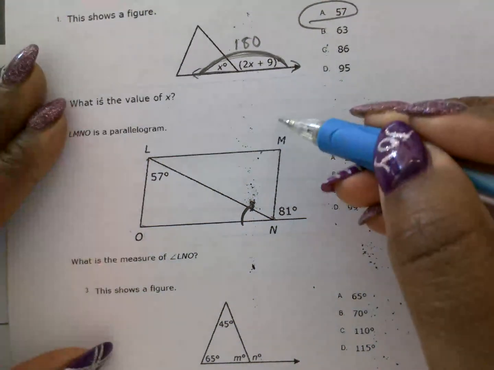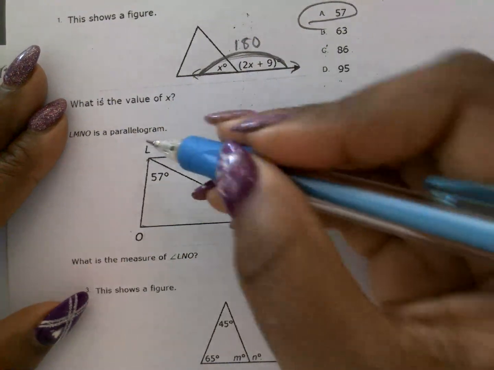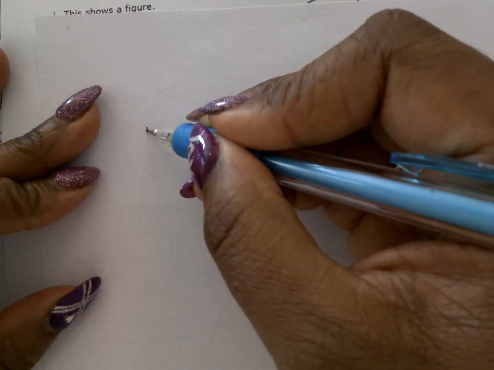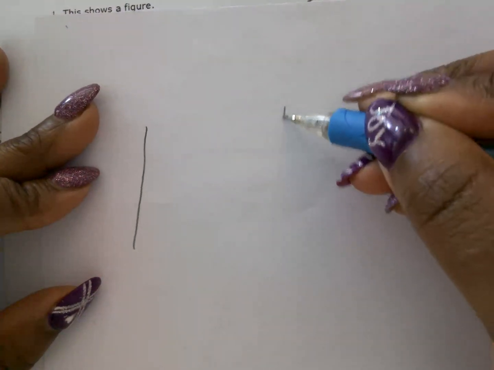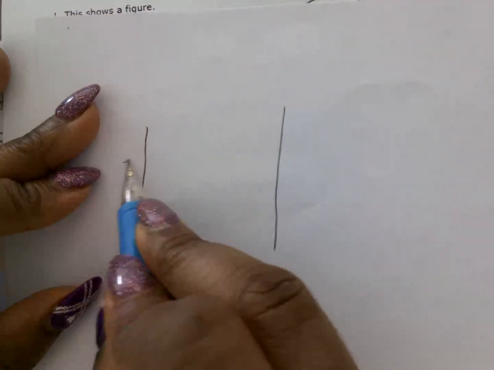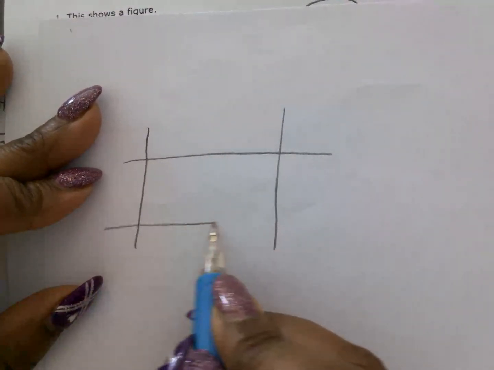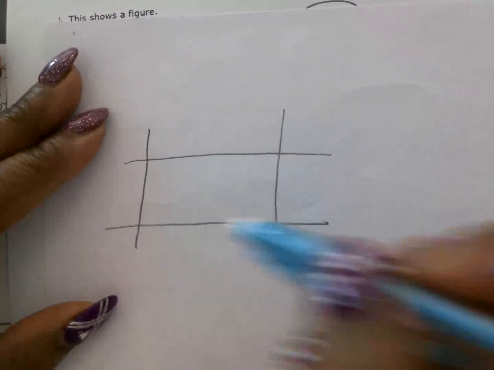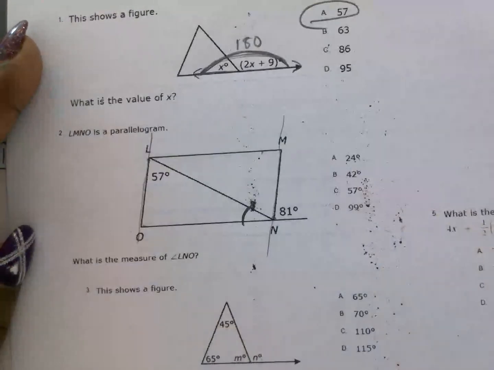what we know is that we can extend these two lines here. And I can actually try to trace it. You can't see it, but I can trace this line here, and we got these two lines here. Okay. Well, let me do two at a time. I don't know why I did that.